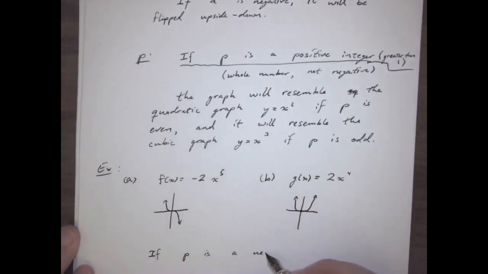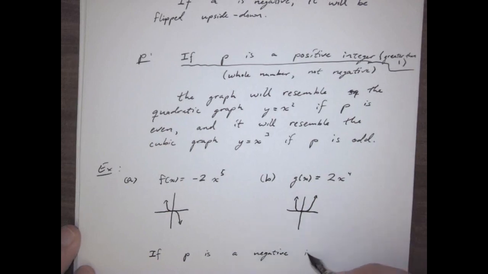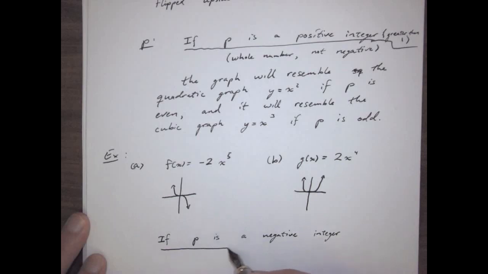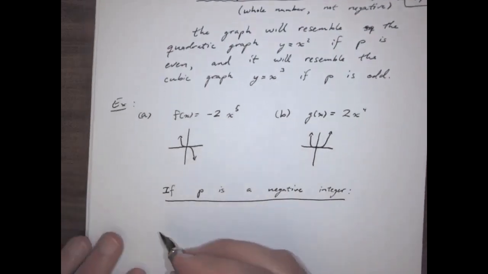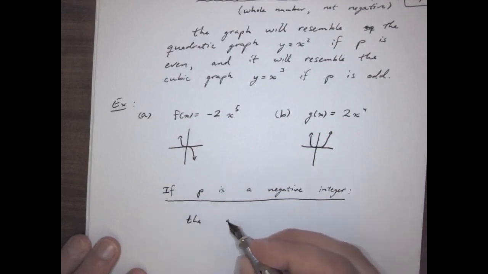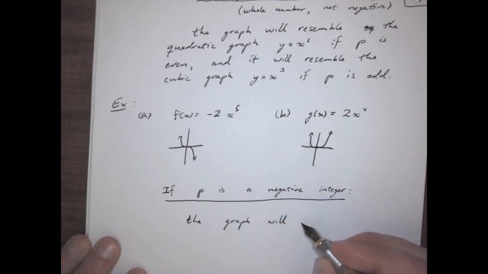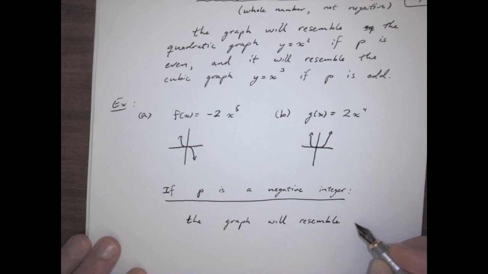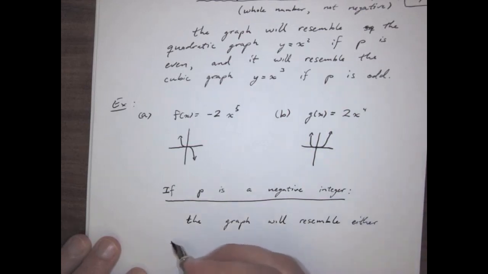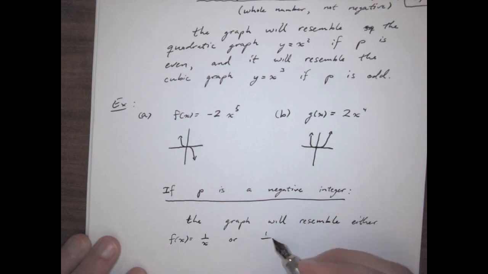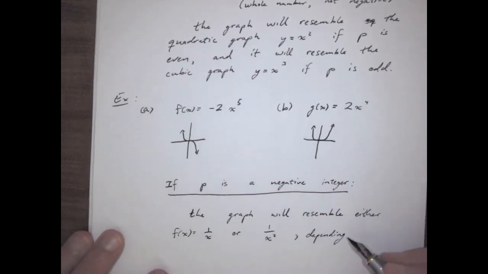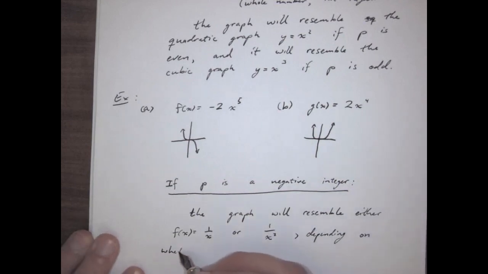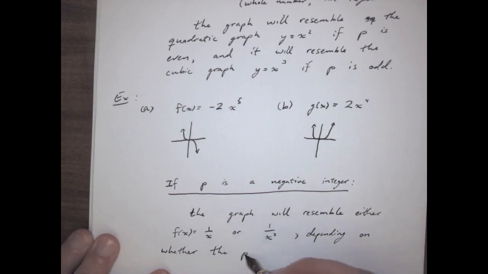If p is a negative integer, the graph will resemble either f of x equals 1 over x or 1 over x squared, depending on whether the power is even or odd.